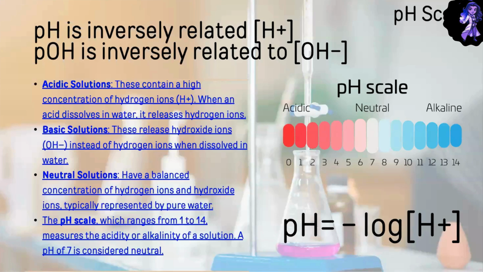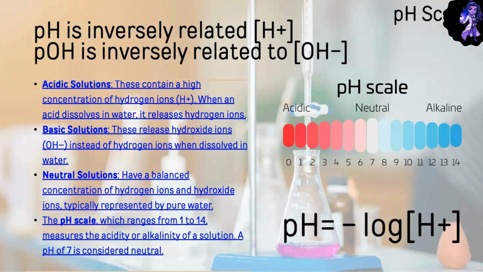Let's talk about the dissociation of water as it comes to the understanding of pH and pOH. As you can see on the right here, we have a pH scale, and it lets us know the ranges of pH. pH can range from 1 to 14. So it could be 1, 2, 3, 4, 5, etc., all the way up to 14.